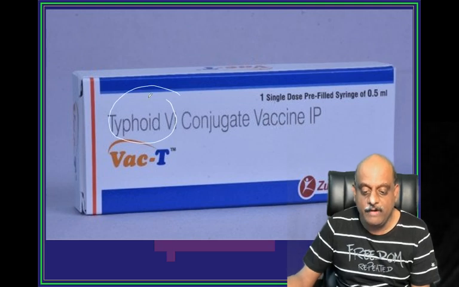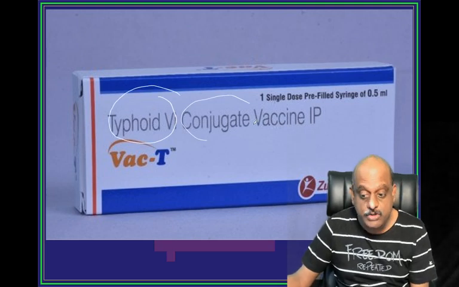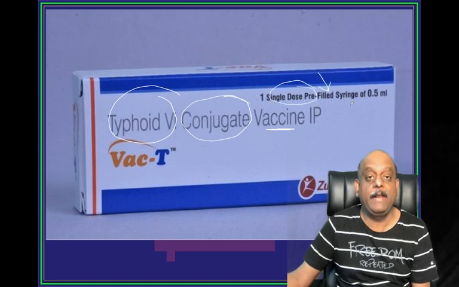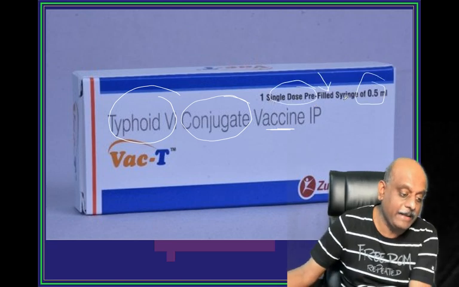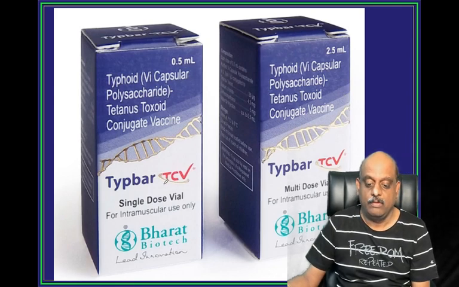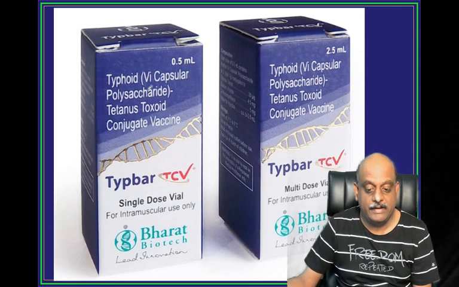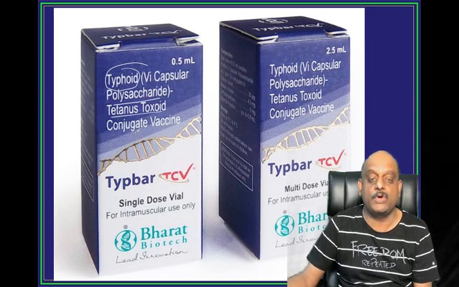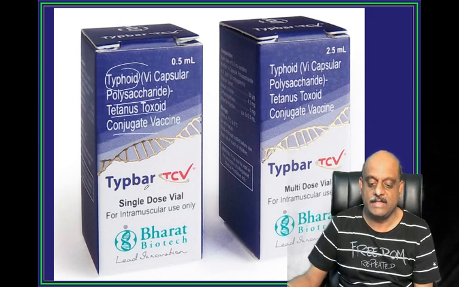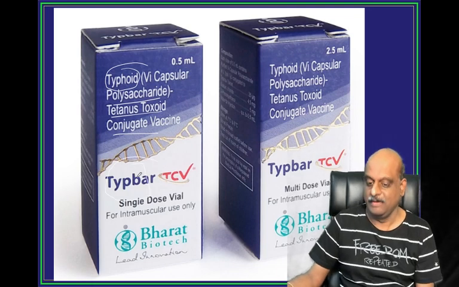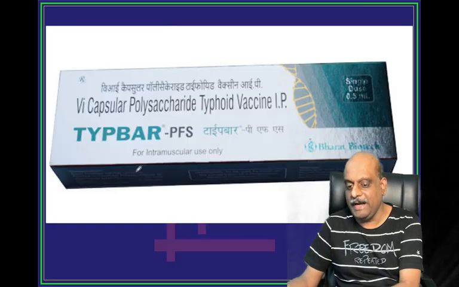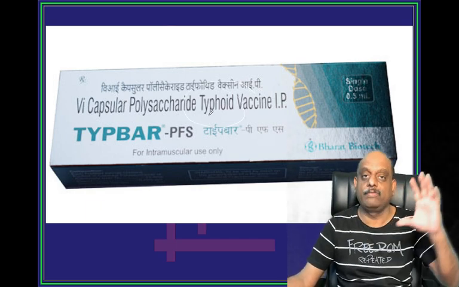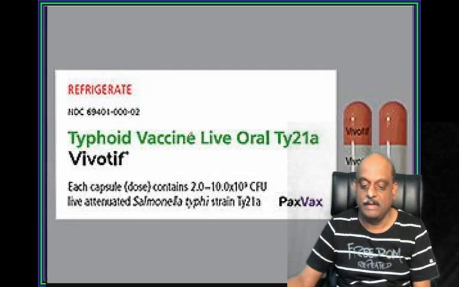This is a typhoid conjugate vaccine, 1 single dose pre-filled syringe of 0.5 ml. Similarly, this is a typhoid capsular polysaccharide and tetanus toxoid conjugate vaccine, called Typbar, another brand name. So this is another look of a typhoid vaccine.